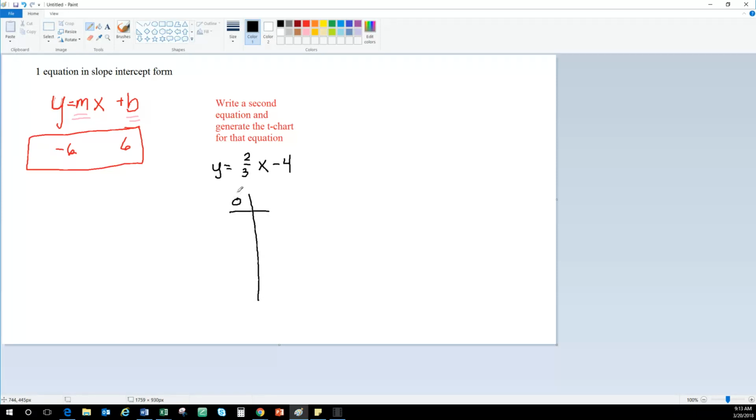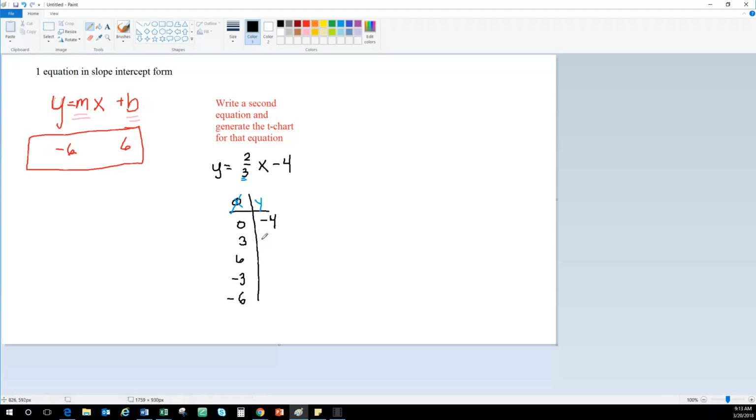I see I have a denominator of 3, so I'm going to pick values that are multiples of 3. Let's make that x, this y. So 3, 6, -3, -6, and go through and make the t-chart. So when x is 0, y is -4. When x is 3, those would cancel.